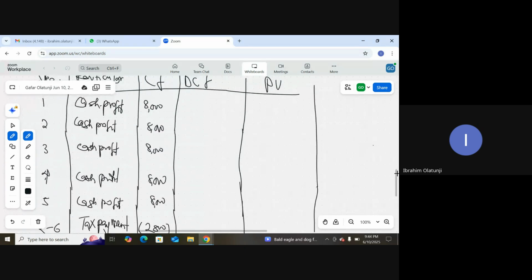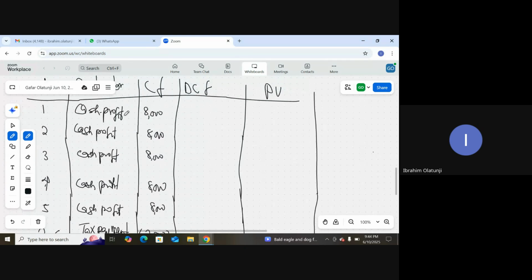So this cash profit that I separate as 8,000, 8,000, 8,000, I can also say 1 to 5 and put just 8,000. I'm only trying to explain the grammar that they said 8,000 naira per annum for 5 years.